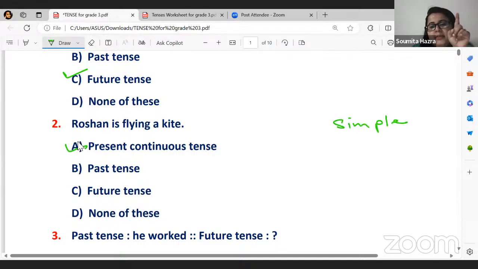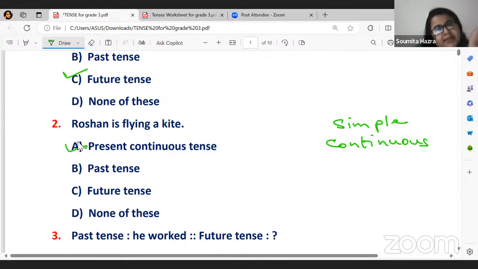Simple present, simple past, simple future tenses. Continuous. Continuous tenses are also known as progressive tenses. So there is present continuous, past continuous, future continuous, right? So continuous is used when something is happening for a long time. Like I am teaching from 6:45 and I am still teaching at this moment right now. This is present continuous. Okay.